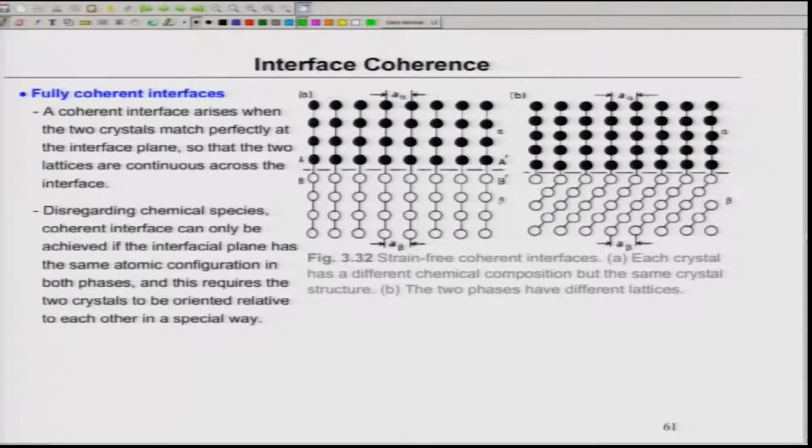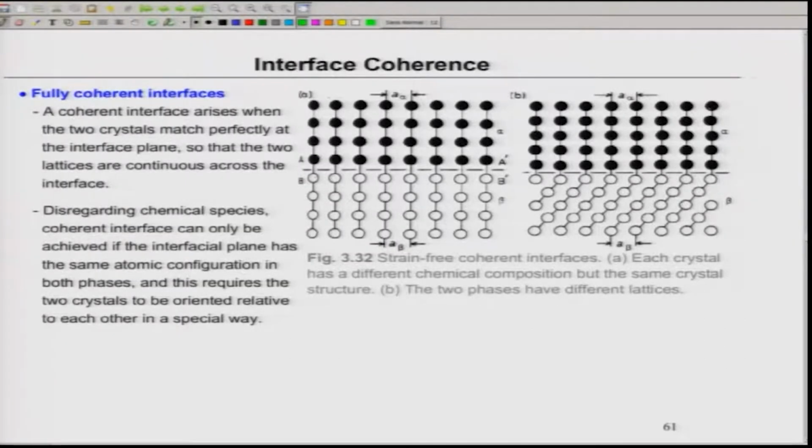Now, what is the energy of the boundary due to? Mainly due to the chemical differences across the boundary. See, here in the beta phase all the atoms are white balls, and in the alpha phase they are black. Inside the alpha phase the bonds are between black and black, inside the beta phase between white and white, but at the interface the bonds are between black and white. So the bond characteristic has changed.